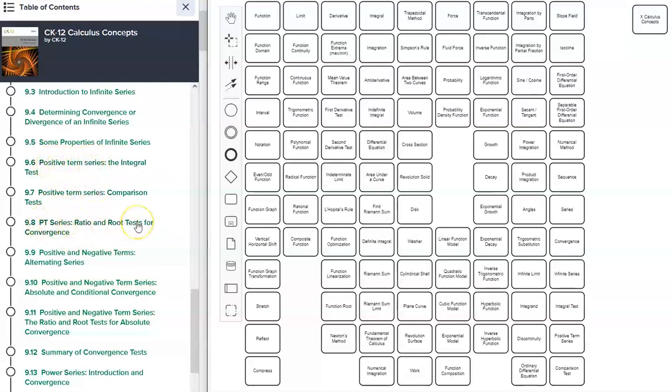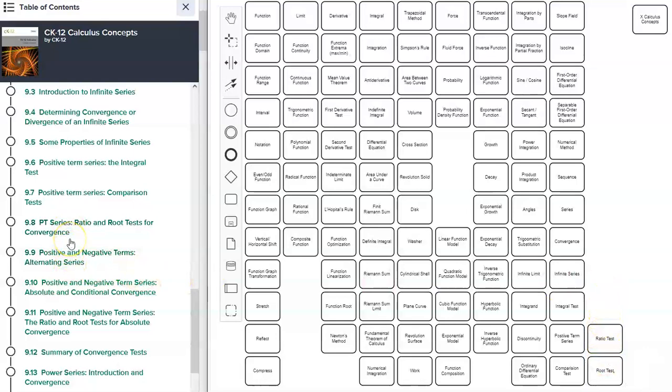Ratio and root test for convergence. Alright, so we have two more tests. We have a ratio test. Now these are testing for convergence, which we have up here. And we have the root test for convergence.